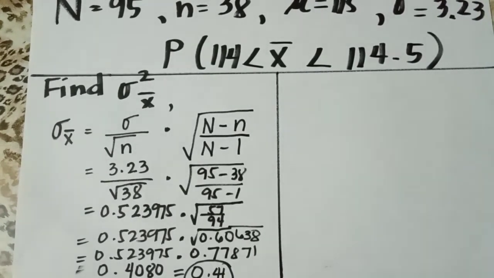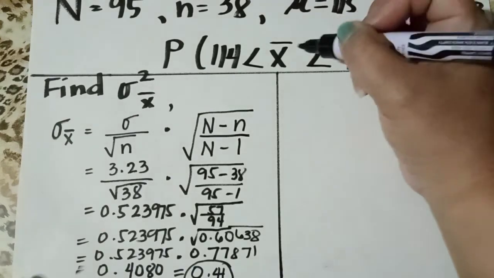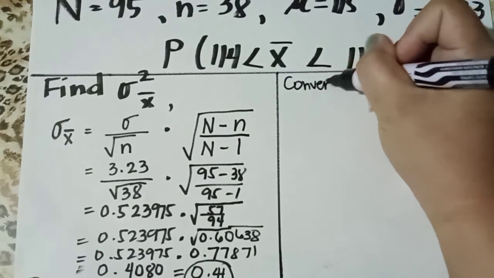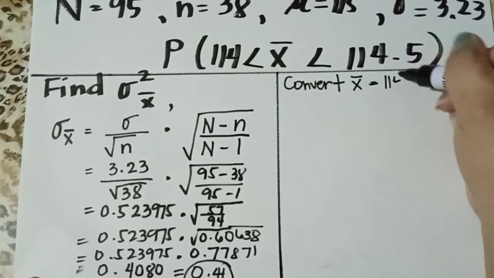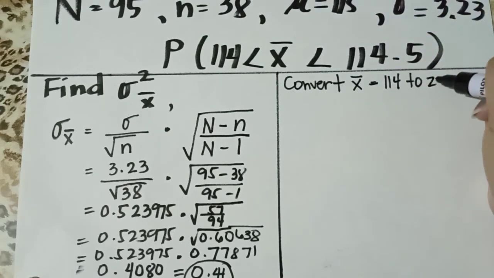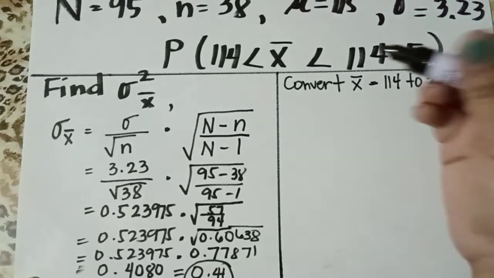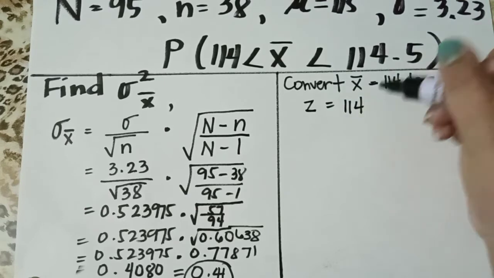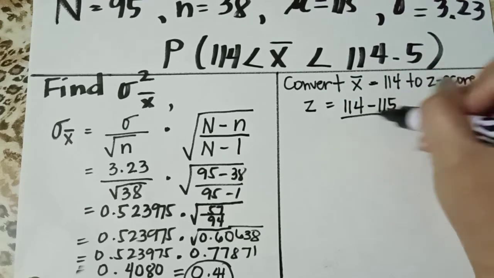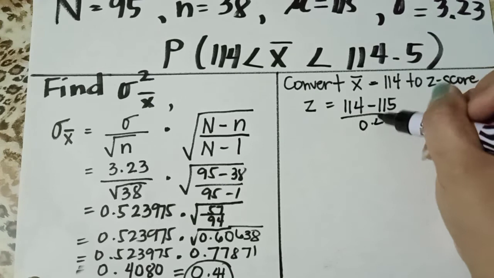The next thing that you are going to do is convert our mean, which is 114, into a z-score. So we have z-score is equal to 114 minus 115 all over 0.41.